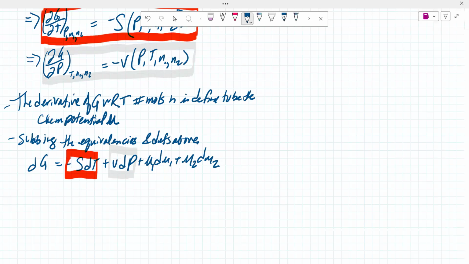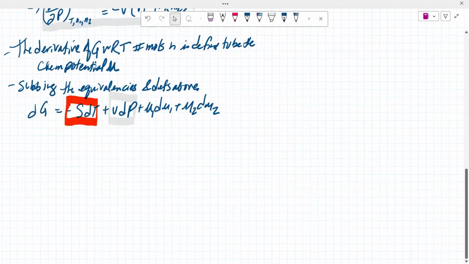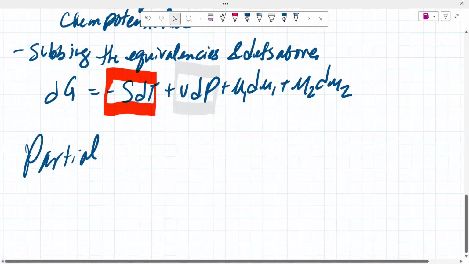Okay. The partial molar quantities are denoted like so. Partial molar quantities.